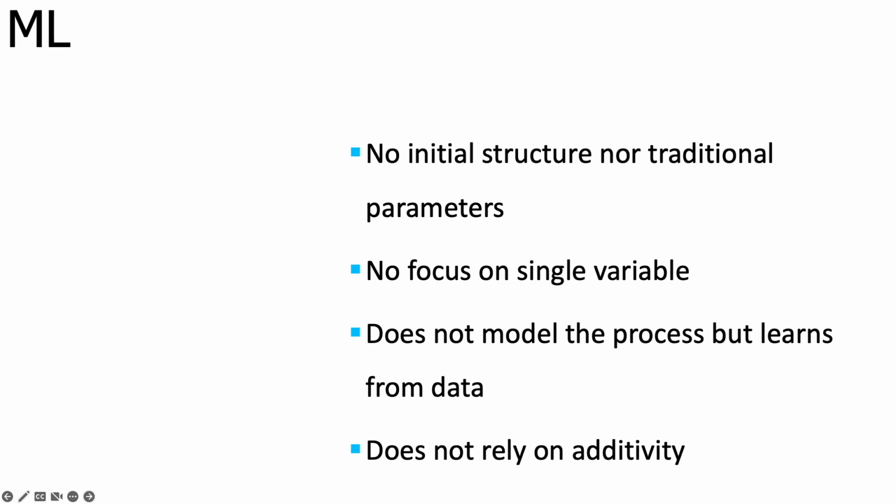And usually in machine learning, because this potential structure is very complicated, we work with very many parameters. We do not focus on the individual ones, because we work on data, not on a data generation process. We do not try to understand all the aspects. We work more on the data as it is.